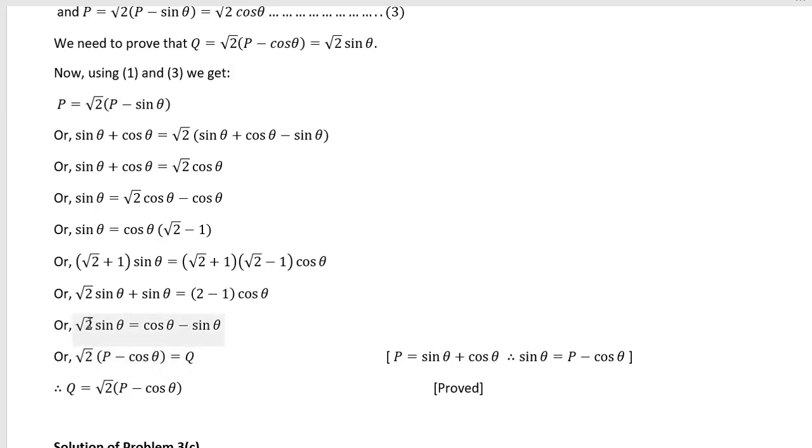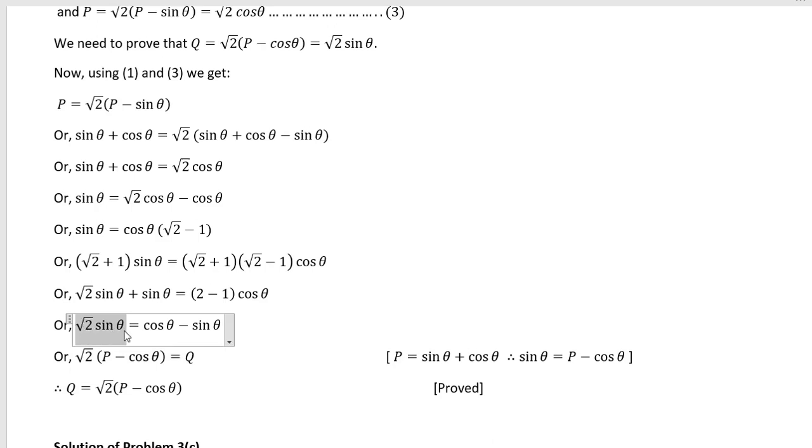Now we need to find the value of root 2 sin theta. Root 2 sin theta means root 2 into P minus cos theta. We can say that sin theta is equal to P minus cos theta, because P is equal to sin theta plus cos theta, and if we subtract cos theta from P, we will get sin theta. Therefore P minus cos theta equal to sin theta.